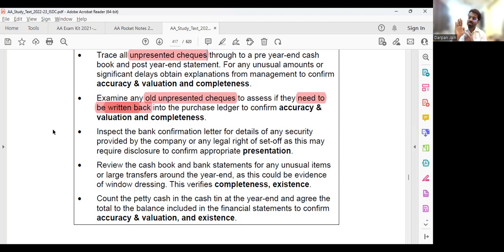Apart from the balances in separate accounts, it will also give details about the security that the company has given to the banker. Right? So you will inspect that also, as this may require disclosure. Next, details of security I will highlight.